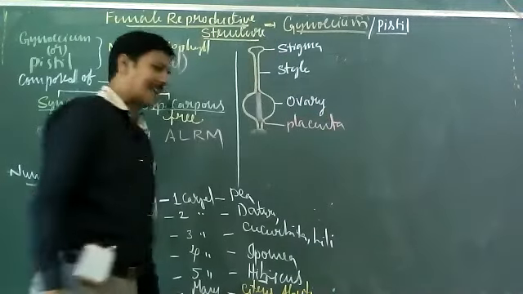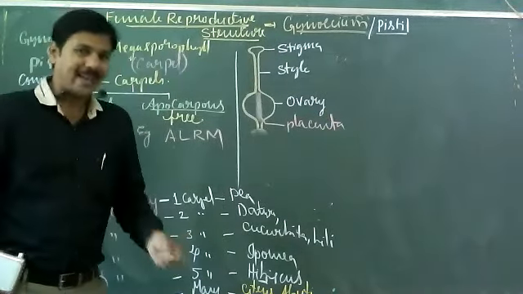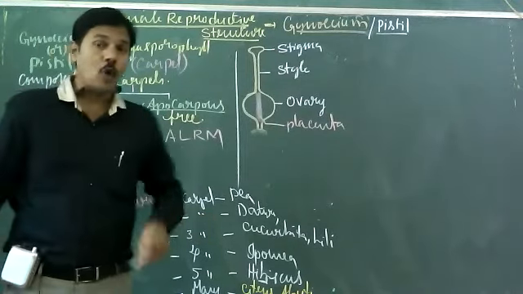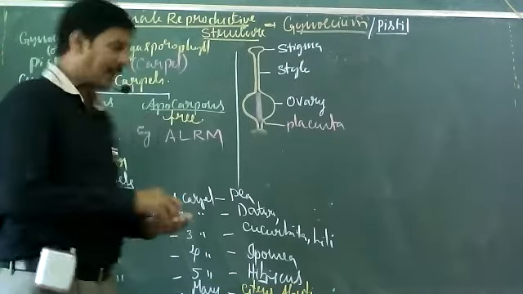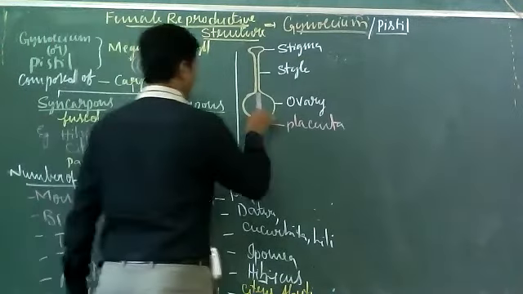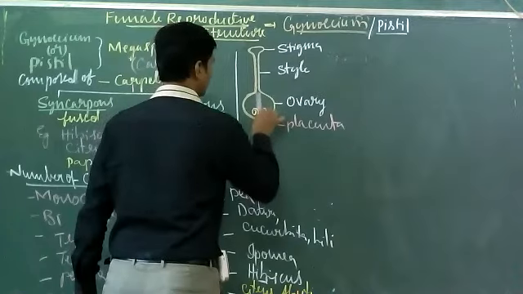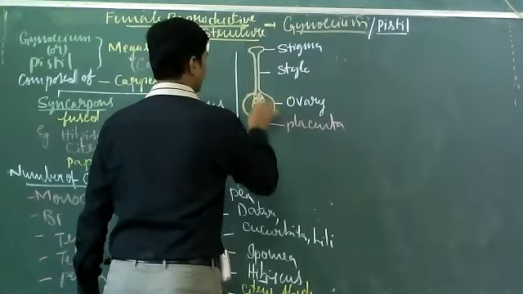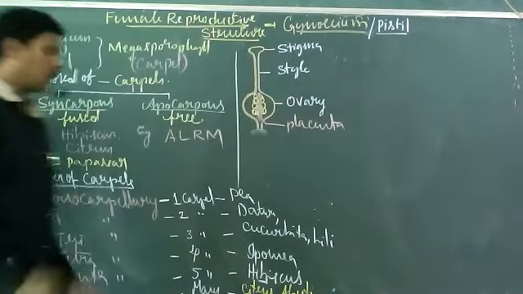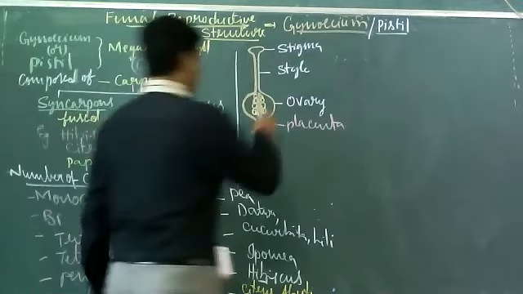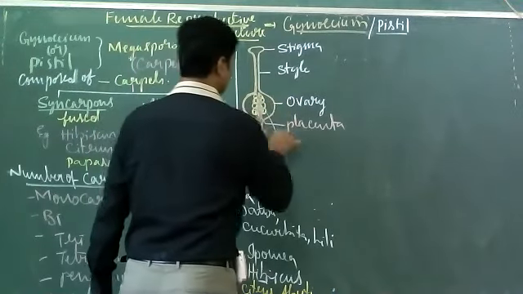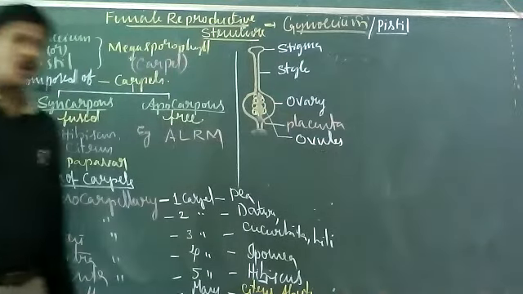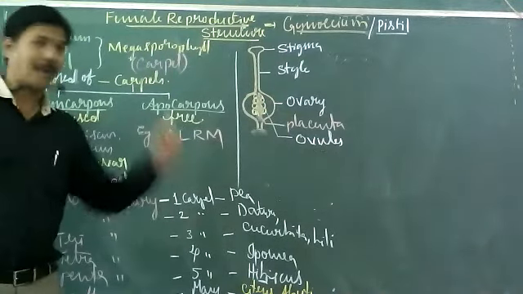Placenta is a central soft parenchymatous cushion-like tissue upon which many ovules are attached. Like this. So ovules are attached on placenta.